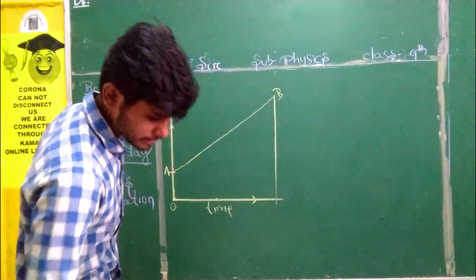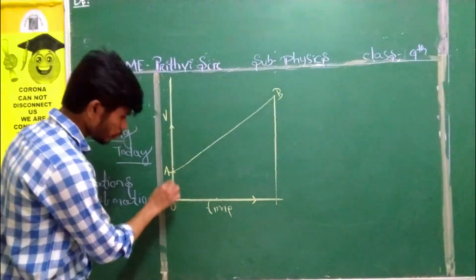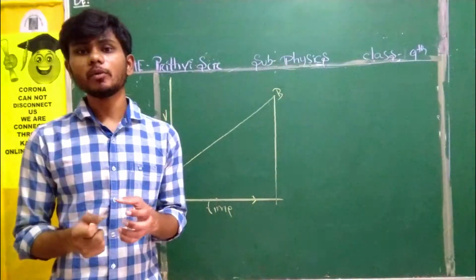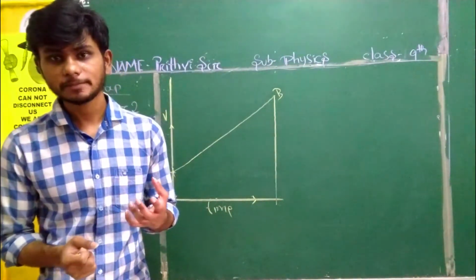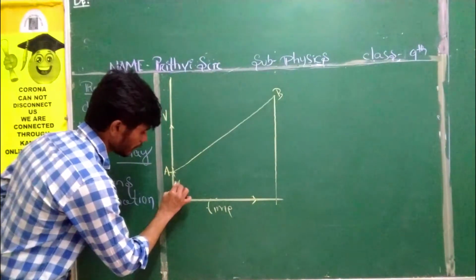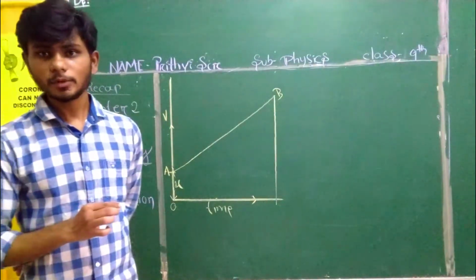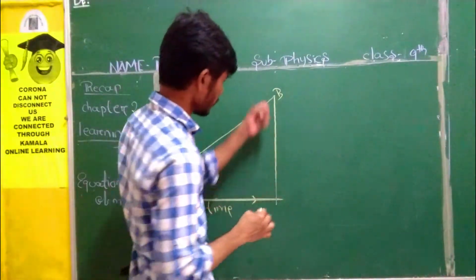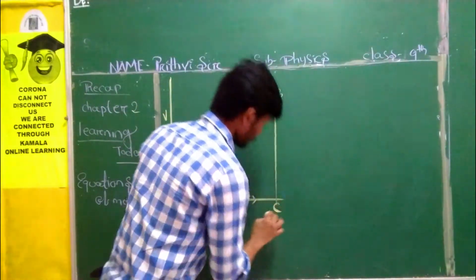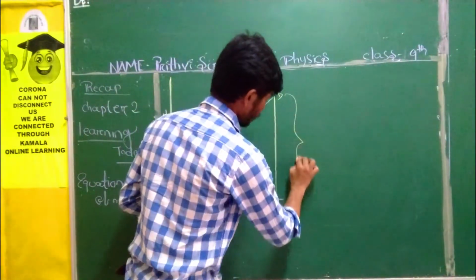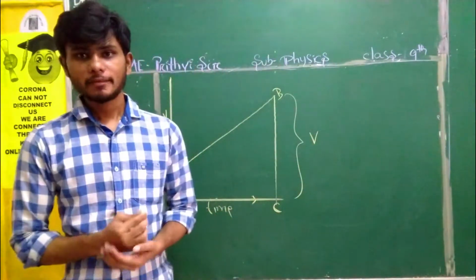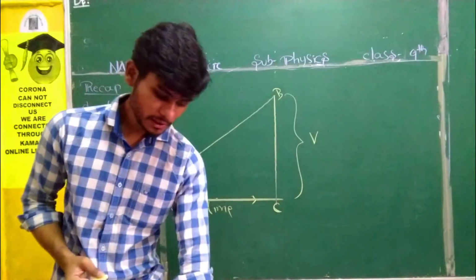Next, from O to A, this line is giving us an idea about U, the initial velocity, right? Its initial velocity is how much? U. I'll write U over there. Okay students, now this one as you can see B, I will name this one as BC. Suppose this stands for your final velocity. That is capital V. Final velocity is your capital V.